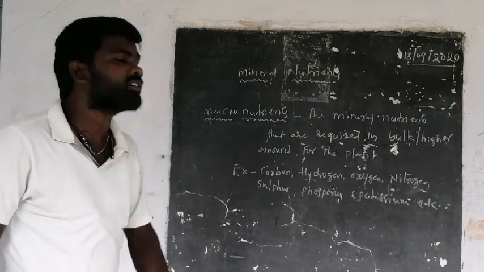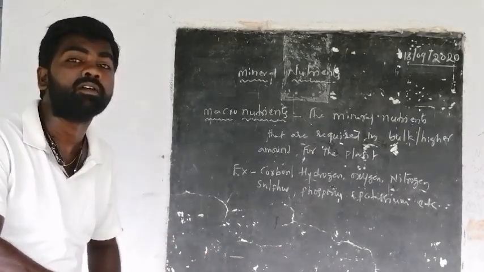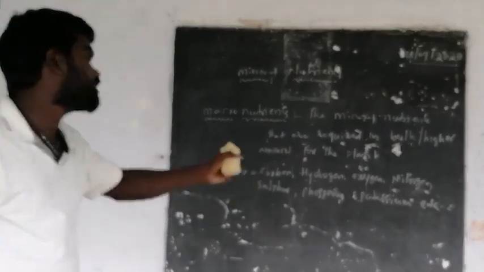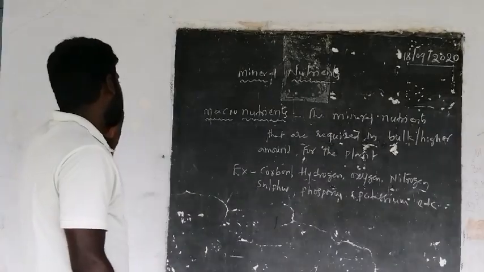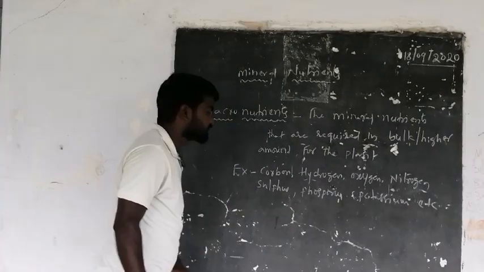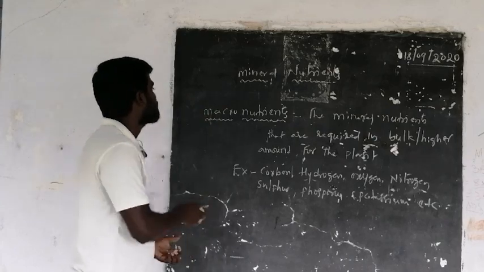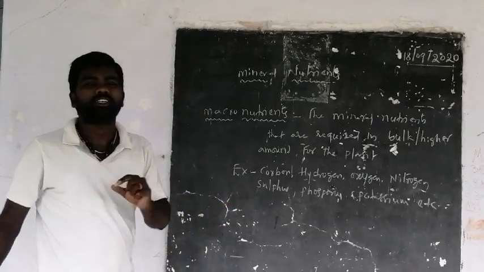Carbon, hydrogen, oxygen, and nitrogen are all required in higher amounts, and hence these are called macronutrients. And next, micronutrients.